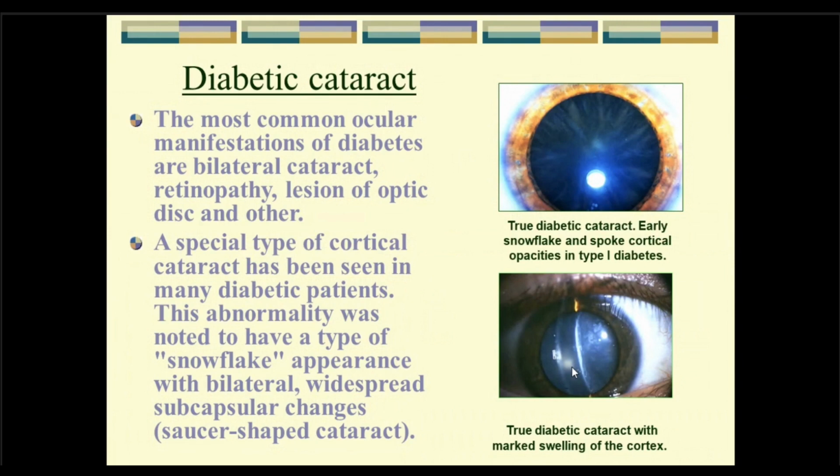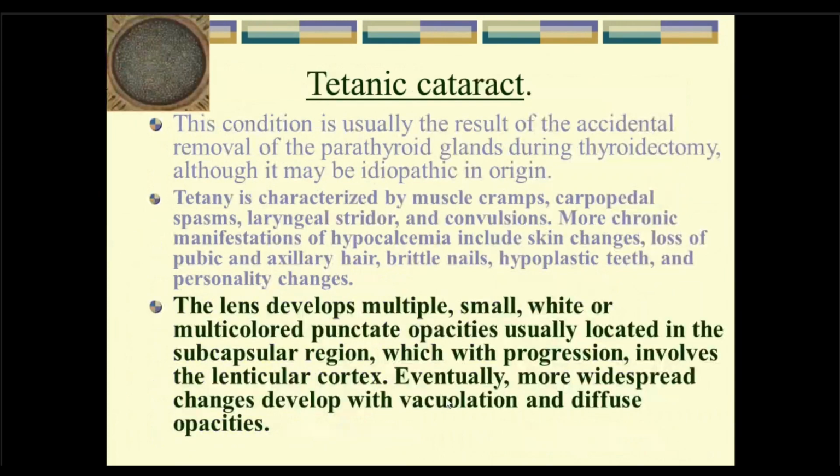And in these cases, it's easy to operate, but when we see such an opaque lens, the lens is hard and usually it is difficult to operate on such cataract, but we will discuss this further. Okay, again examples of different cataracts.